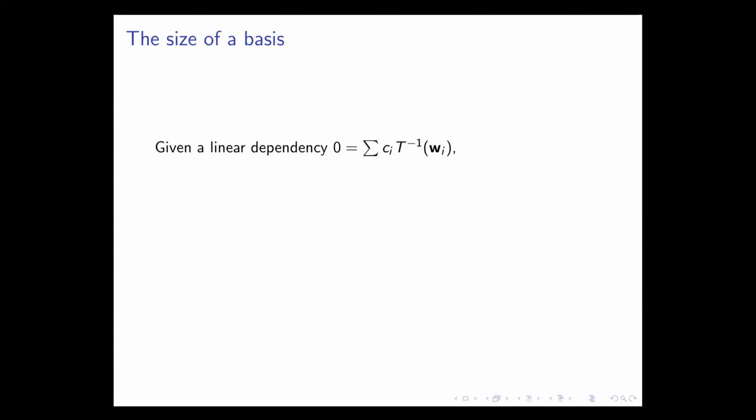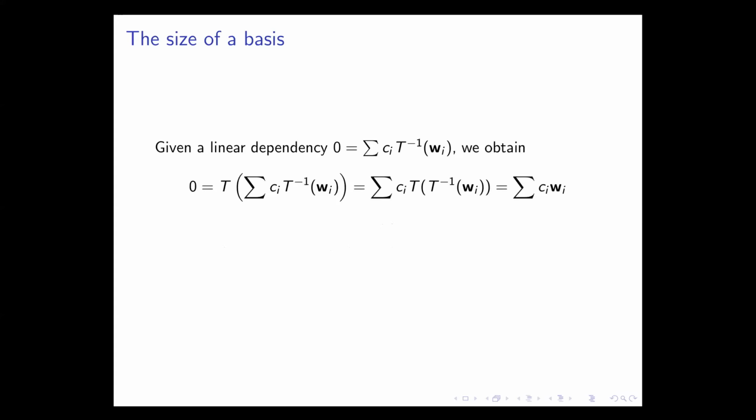So given a linear dependency, if 0 is equal to the sum of some coefficients Ci times T inverse of Wi, we obtain that T of that linear combination, since it's a linear transformation, we can apply T to each of the vectors and then sum, and keep in mind that T of T inverse of Wi is equal to Wi, we get the right-hand side.